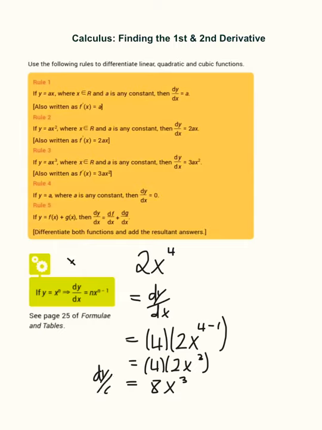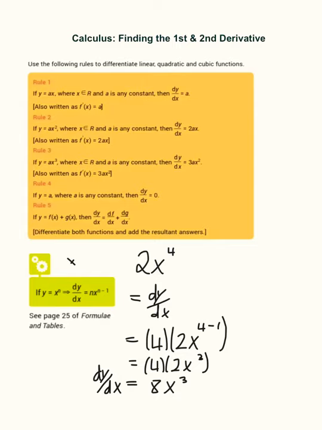So that is my answer there, that is the derivative. Now as you practice and get quicker at these, you don't necessarily need to write out the formula bit by bit. If you can bring down the power, multiply it by what's in front of your variable and minus 1 from the power, and get into that rhythm, you can simply go from 2x to the power of 4 straight down to 8x to the power of 3.